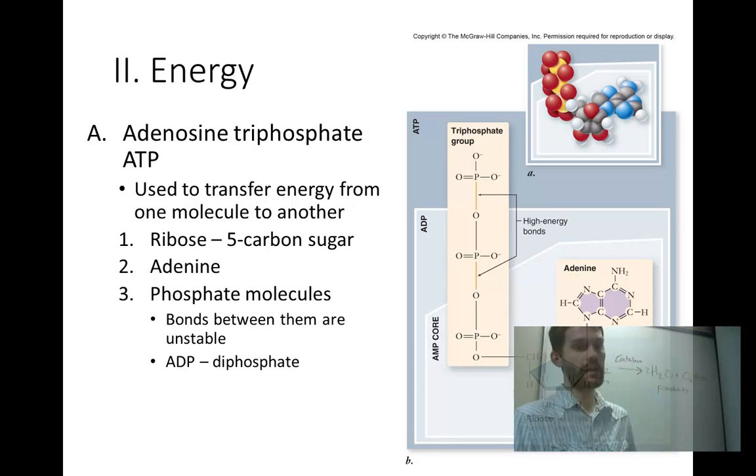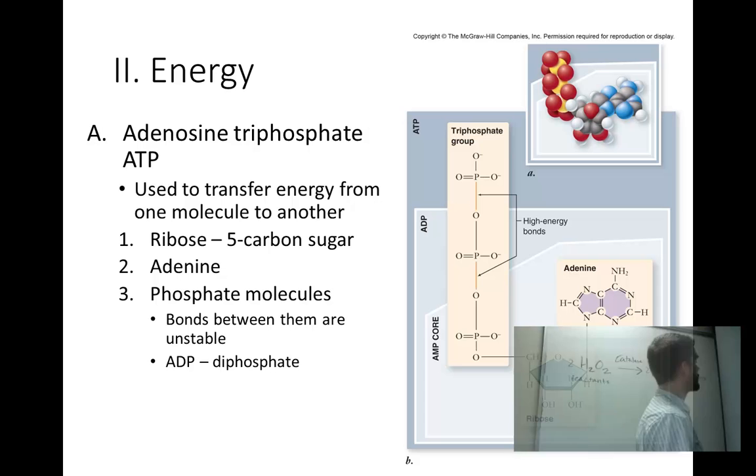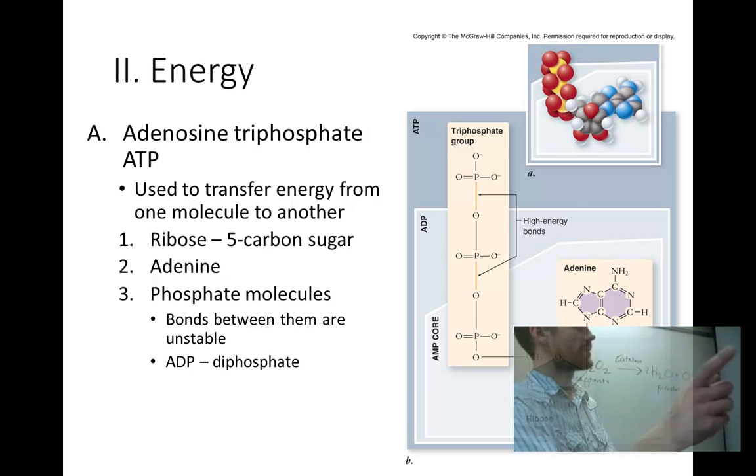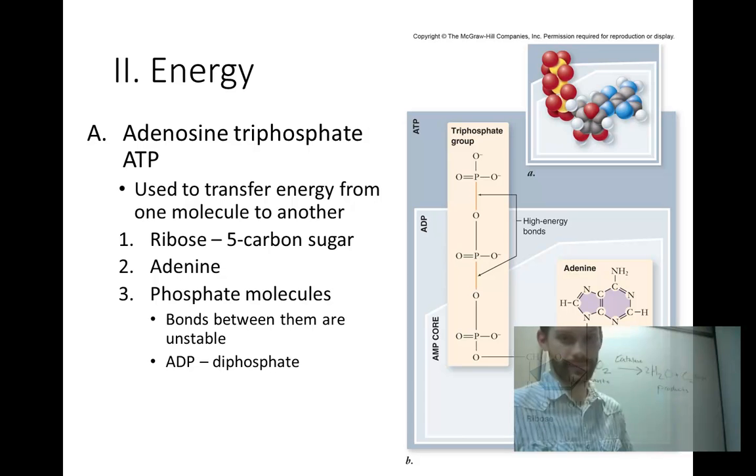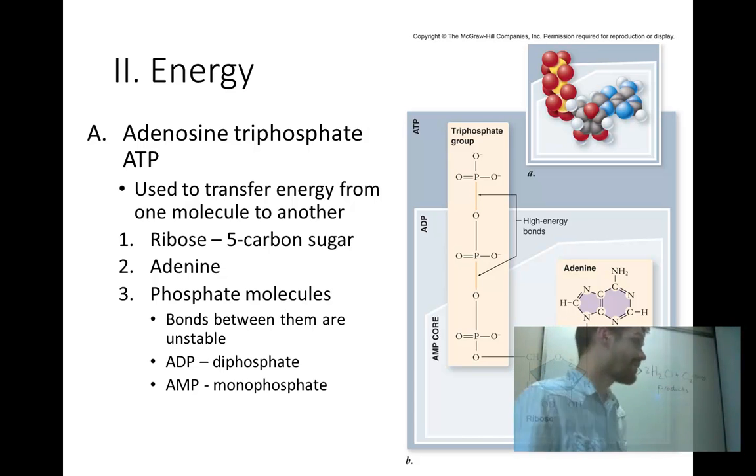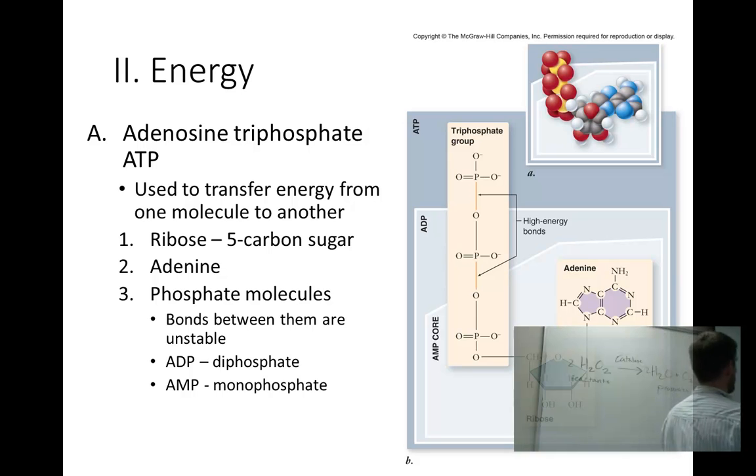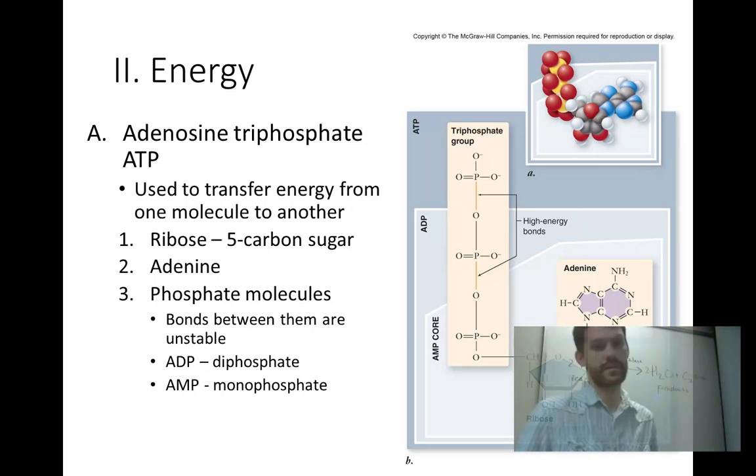When one breaks off, it gives off energy, and ATP is then converted into ADP. So adenine diphosphate only has 2, because it lost one when it broke off. If both of them break off, then you have adenine monophosphate, which only has 1.